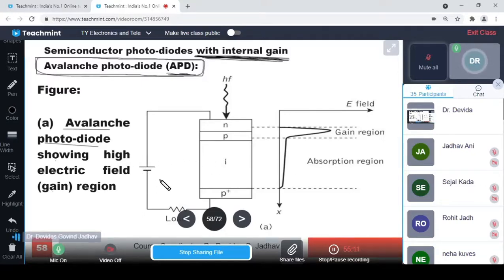bias voltage is applied through the connecting wires to the N region, P region, I region, and P plus region. Voltages get applied all over. These wires do not drop any voltage because they are very good conductors.